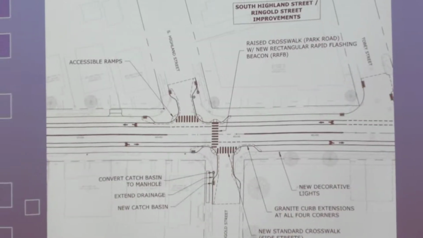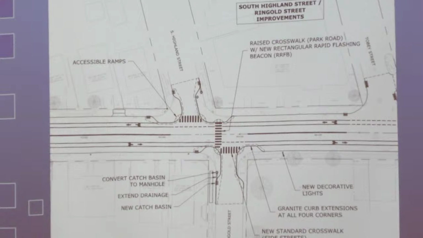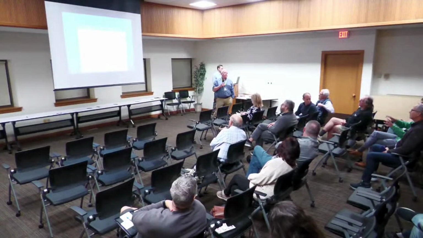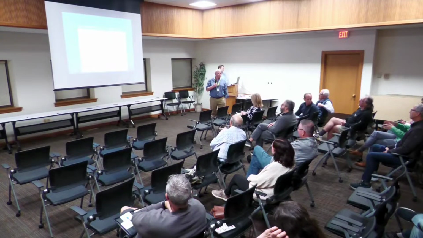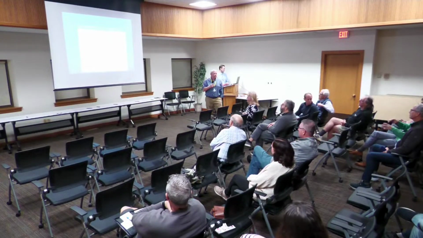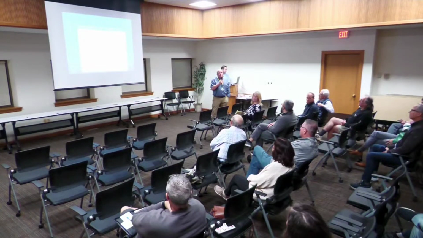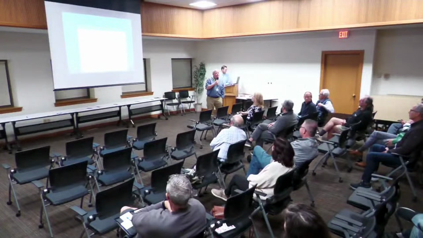All right, this is the intersection at South Highland Street and Ringgold Street. These two roads are offset a little bit and it was identified in the road safety audit. Why not have the median at the crosswalk so that we have a gateway and pedestrian island? How come it's kind of floating in the road? Well, the location of that wasn't locked in.